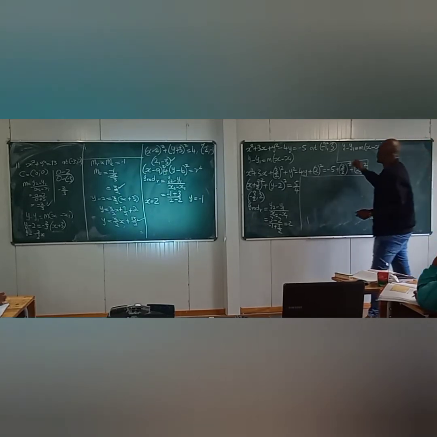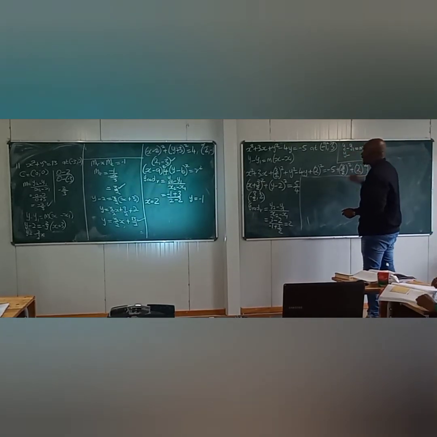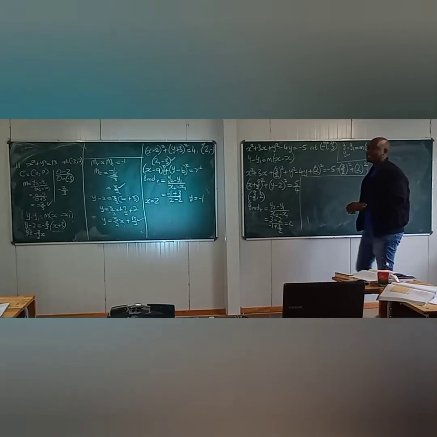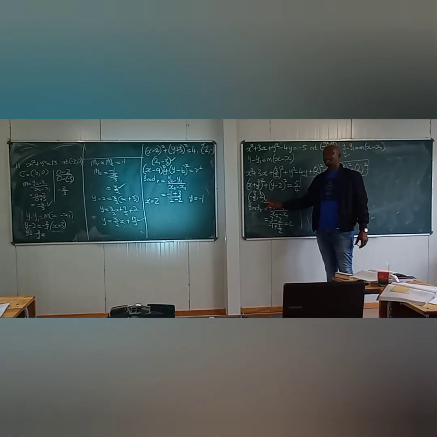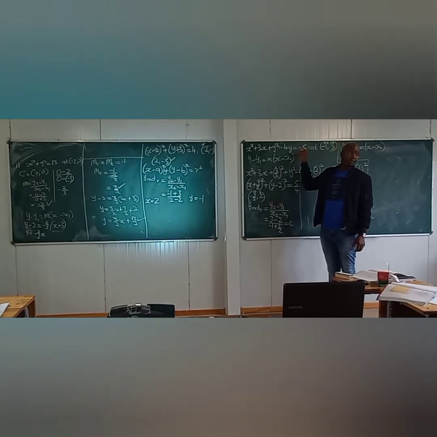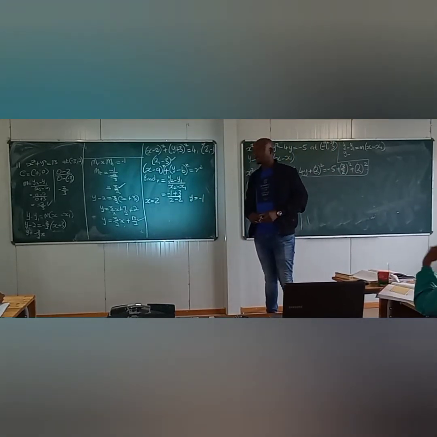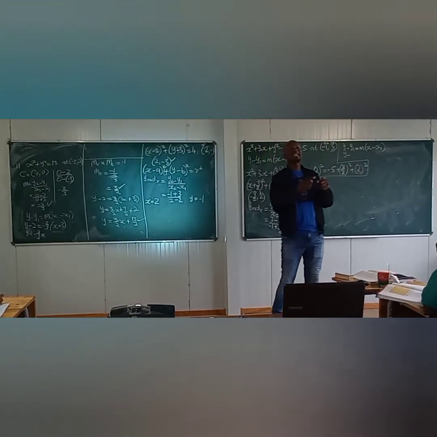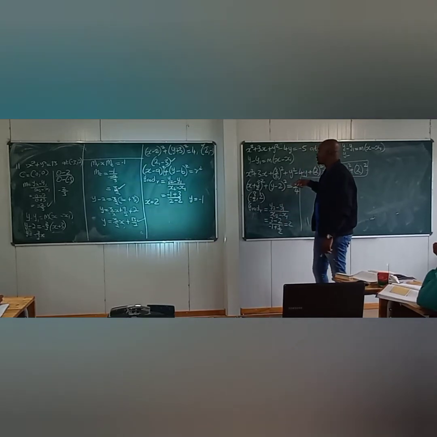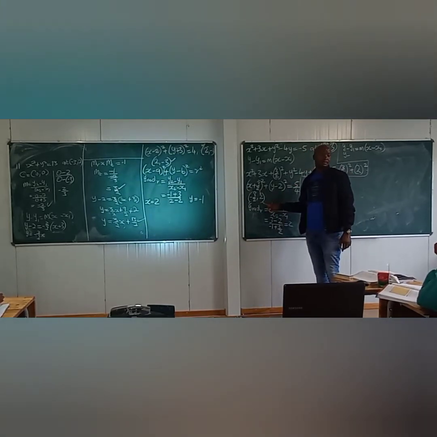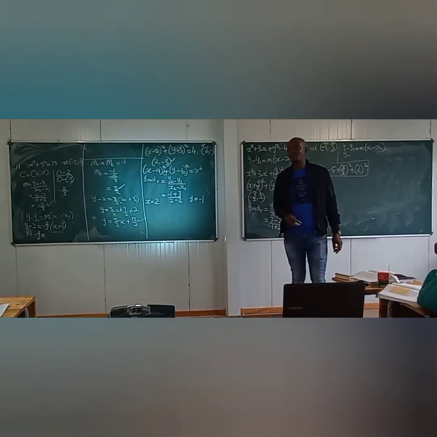So y minus what? Let's take care: this is the center. We cannot substitute the point of contact with the center, because the tangent line does not pass through the center. We can only substitute the center for the normal or for the radius, because the normal passes through the center.